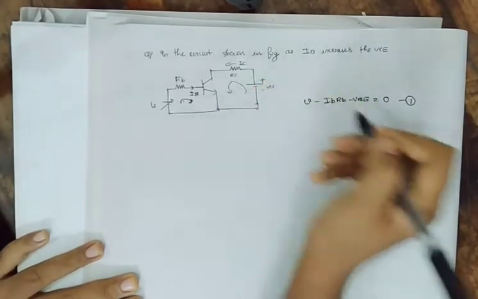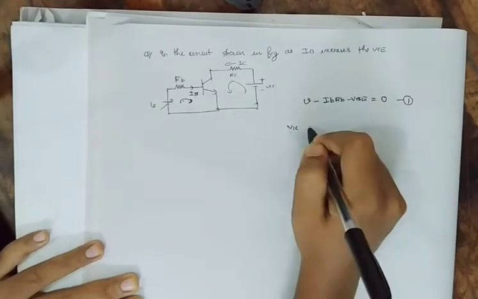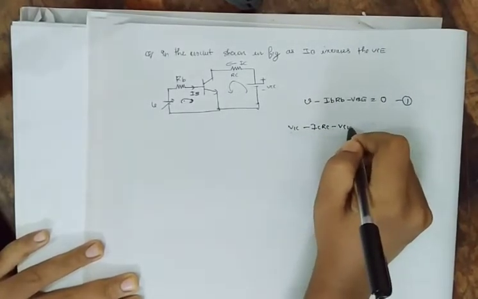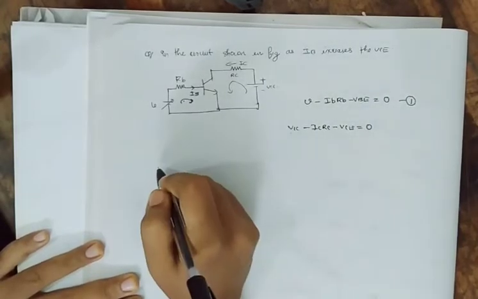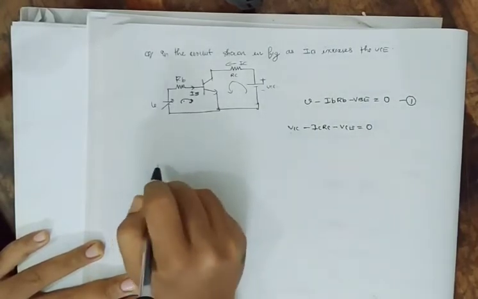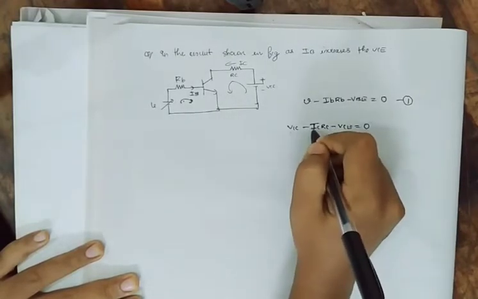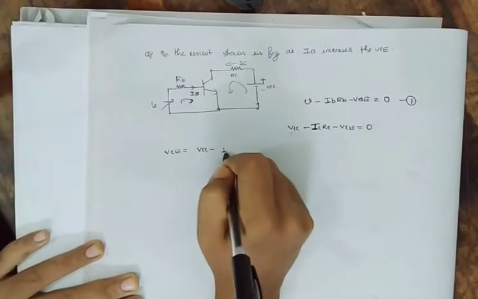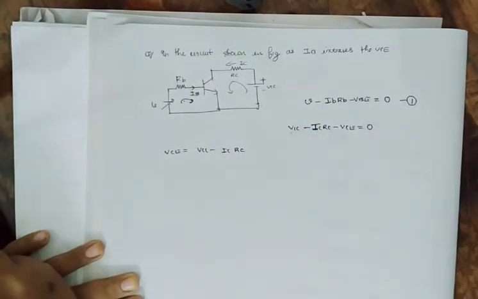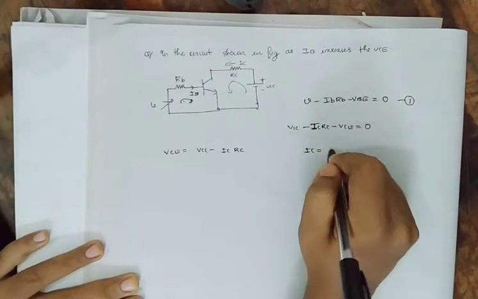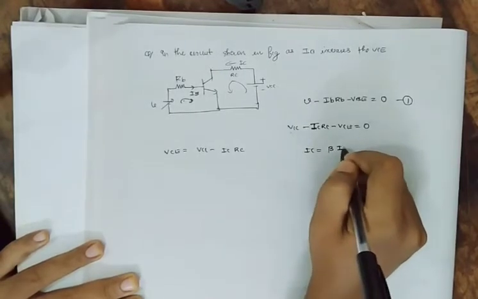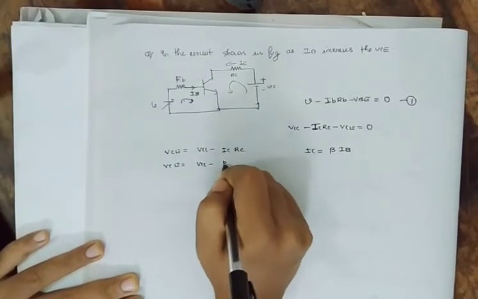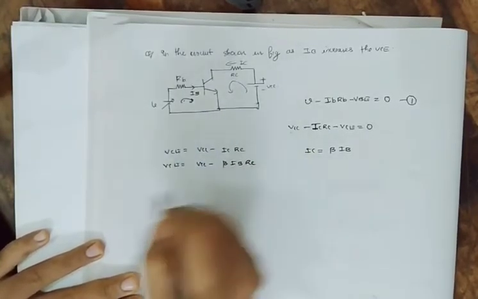Writing the mesh equation over here, we get VCC minus IC RC minus VCE equal to 0. So VCE equal to VCC minus IC RC. What is IC? IC is equal to beta IB. So VCE equal to VCC minus beta IB into RC.